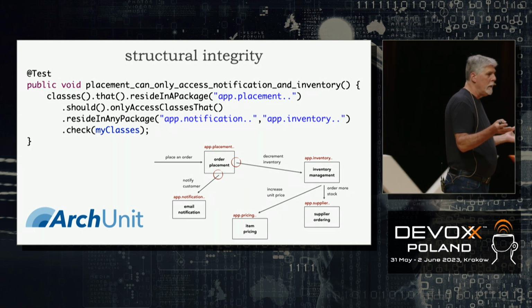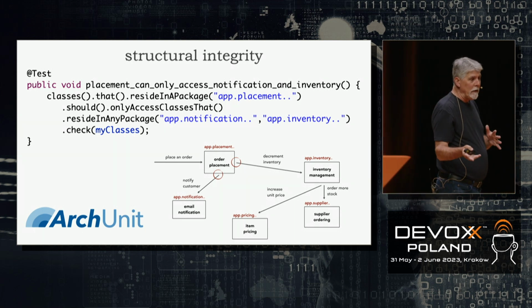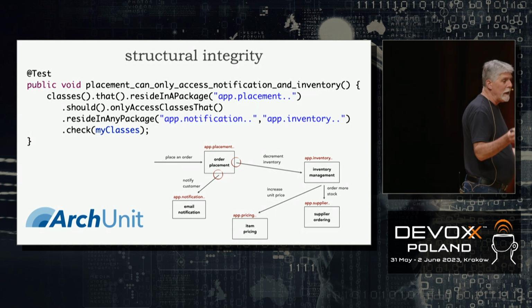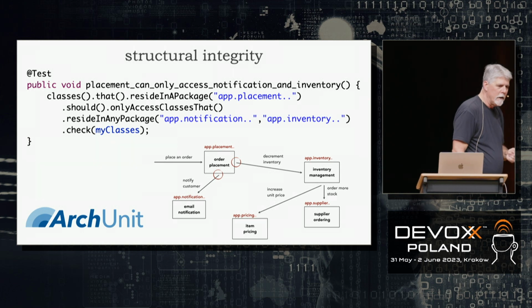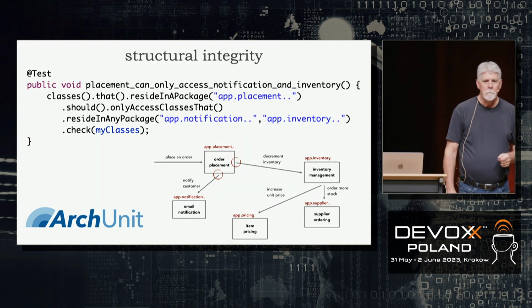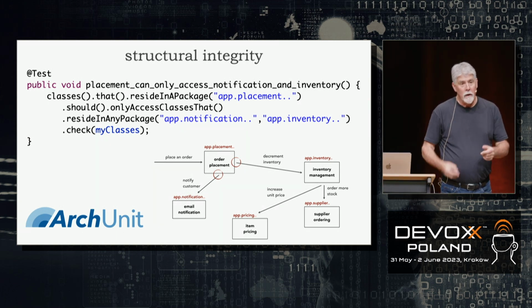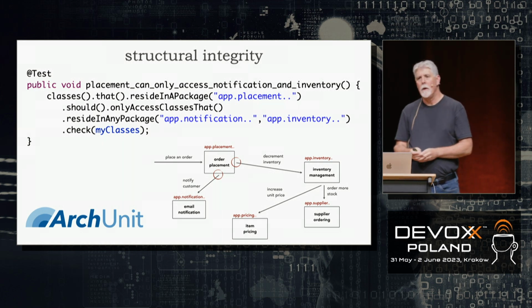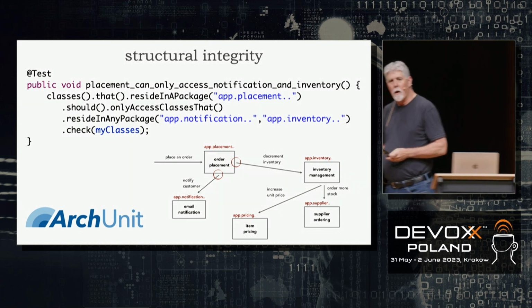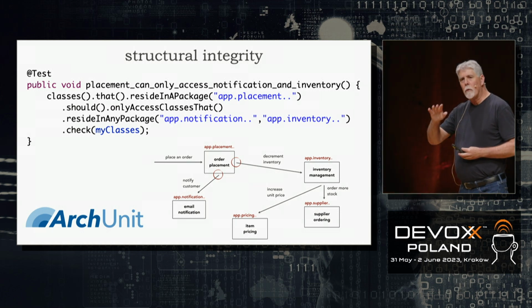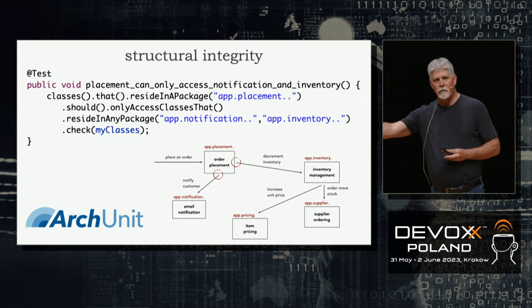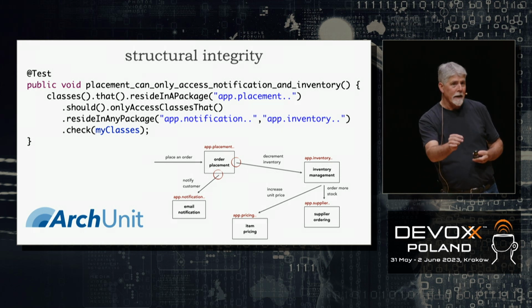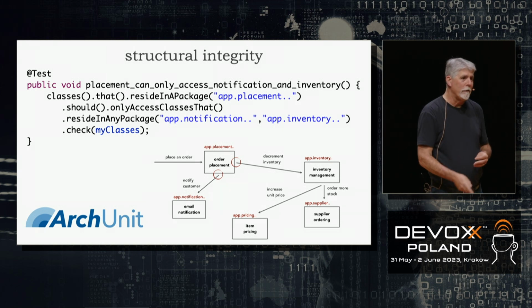Classes that reside in a package placement should only access classes that reside in a package notification or inventory check. There we go. This is a test that we can hook up to JUnit or run in our CI/CD pipeline. Any sort of structural integrity, these are testing the architecture, not the functionality, the architecture itself.